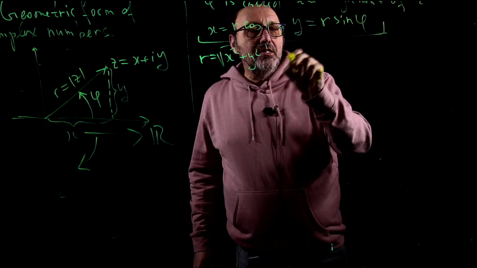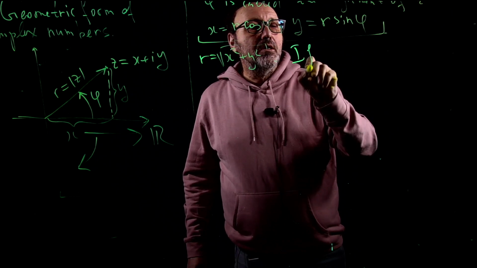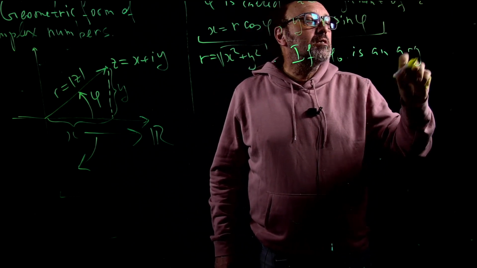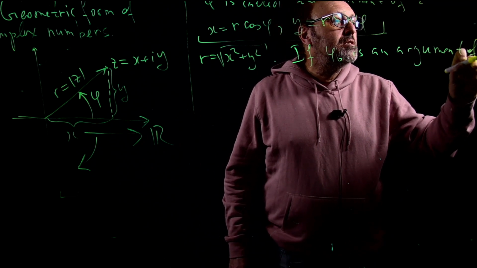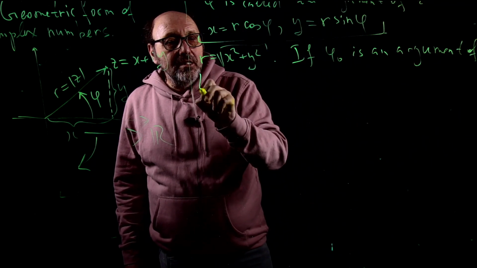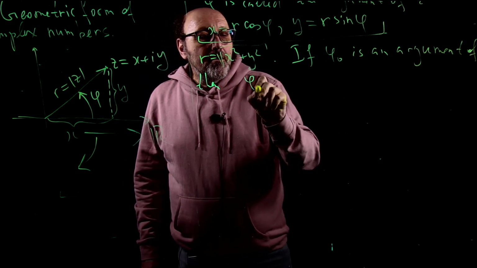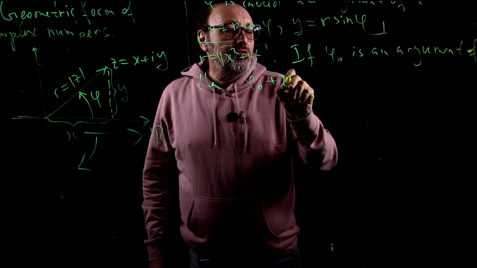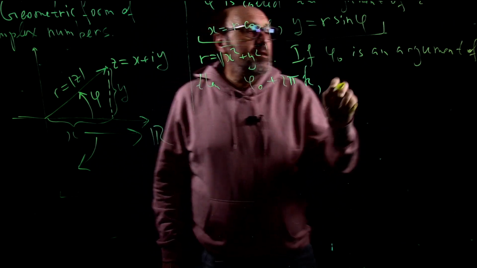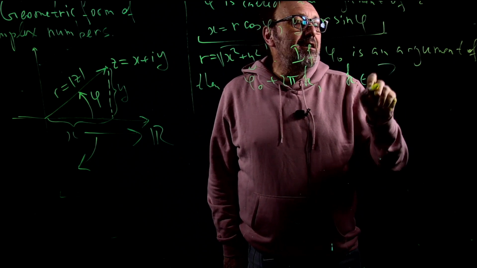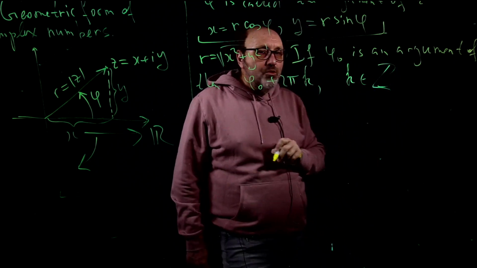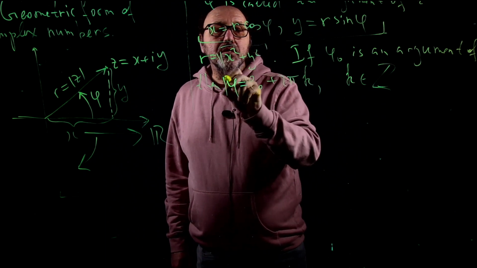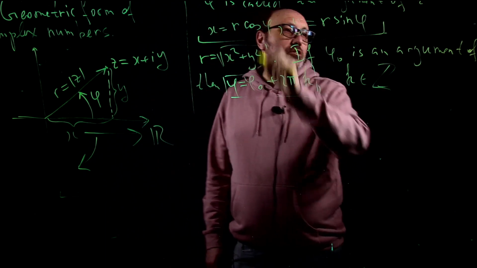Because if phi 0 is an argument of z that satisfies this equation, then you can add any number 2 pi k with k any integer, positive or negative, and any phi of this type still satisfies these equations, right?